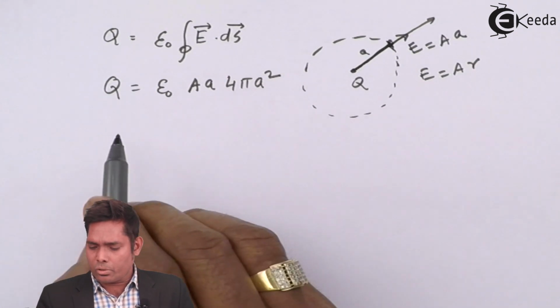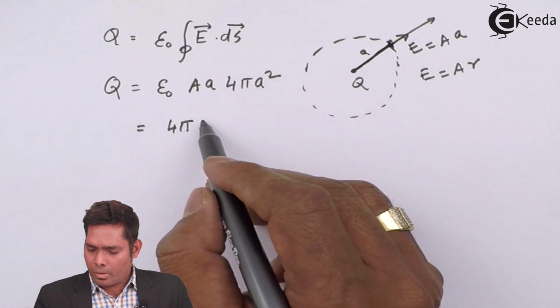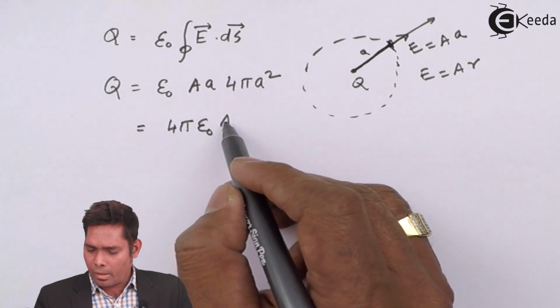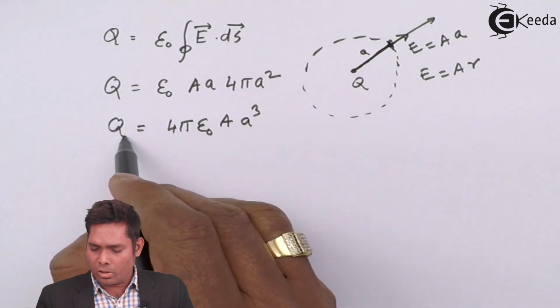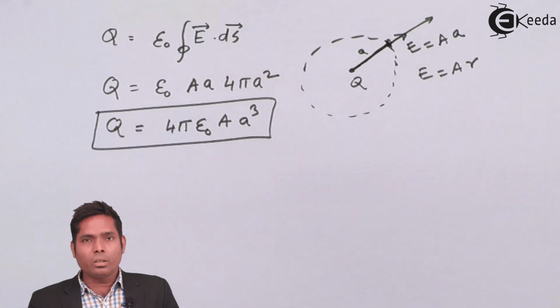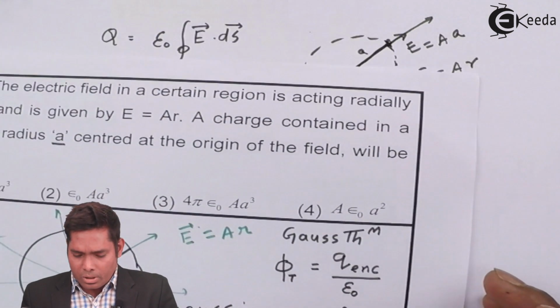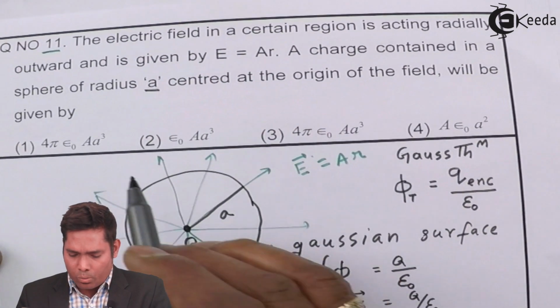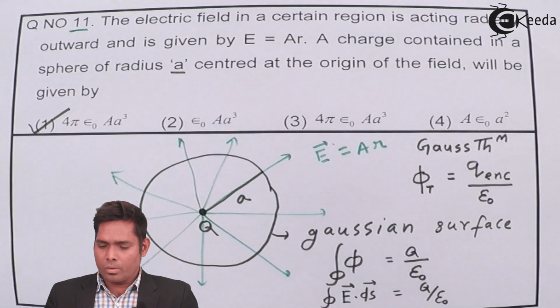So the answer to this question is 4 pi epsilon naught capital A and A cubed, which is the charge present at the center of the sphere. If I see the options, 4 pi epsilon naught A A cubed is the correct answer to this question.